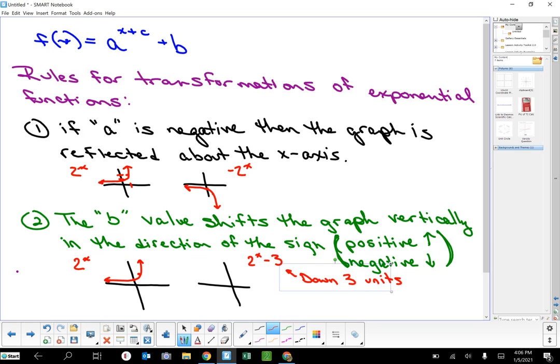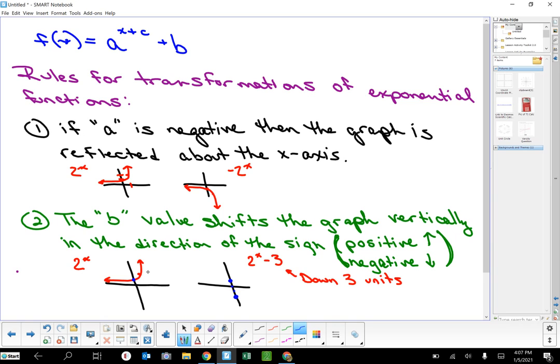This point on this graph is normally 0, 1. I'm going to take that down 3 units, literally. So that's normally 0, 1, I'm going to go 1, 2, 3. And that point is now going to be 0, negative 2.